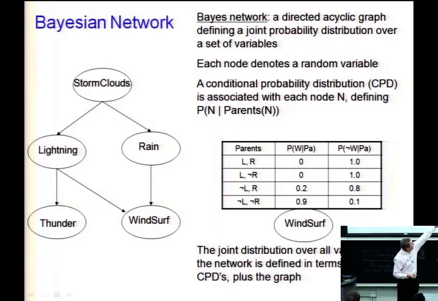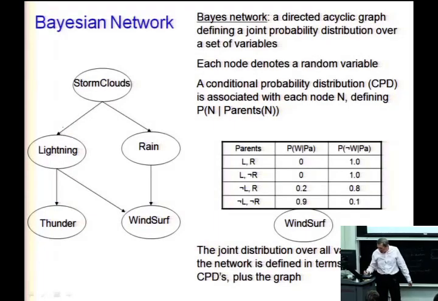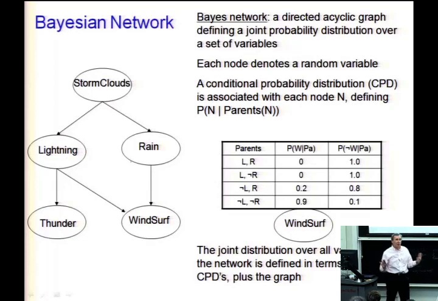So you'll notice that even though there's a kind of a loop here, if you follow the arrows, you can't loop. So there's what we might call an undirected loop in here, but there's no directed loop. So it's a directed acyclic graph where each node represents a random variable, as we said.